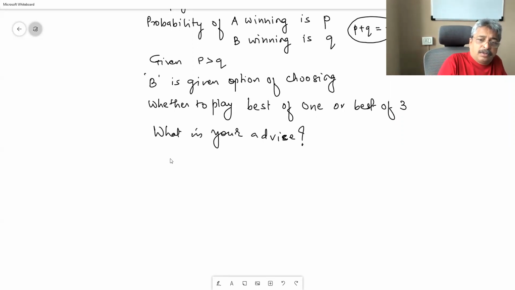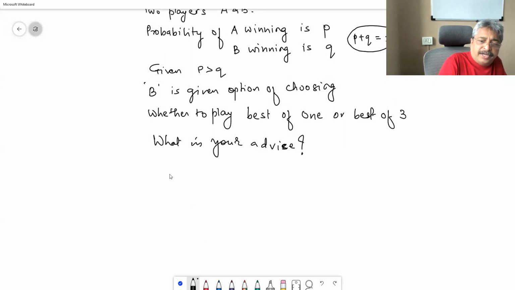So, let us define event A3, best of 3, probability of 3 matches and A is winning. Okay, so probability of A3 we have to find out.